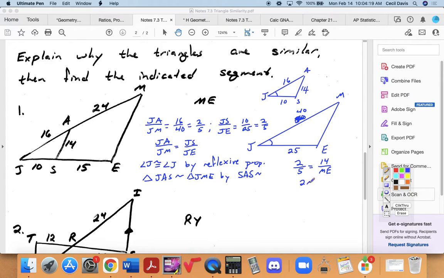That'd be 2ME is 70, so ME is 35. Again, there will be a problem almost exactly like this on your test. It'll be on probably 2 or 3 different homework assignments. This is going to be on there. Again, I don't think it's super hard. All right, let's do a couple more.